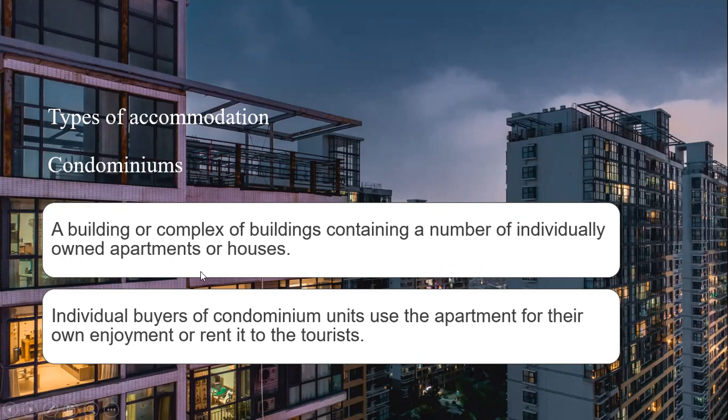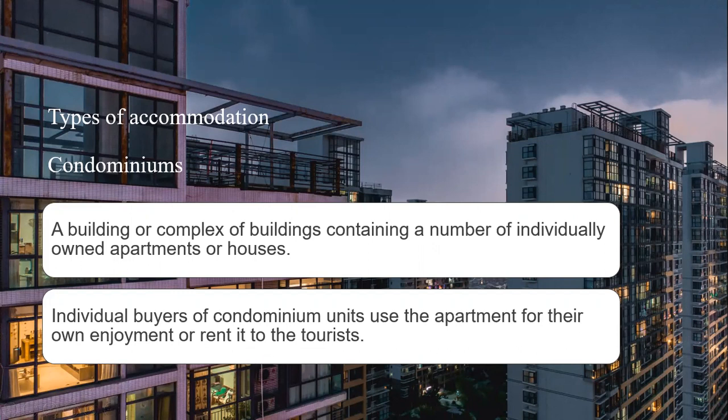So there will be individual buyers of apartments, or there might be many apartments together. Individual buyers of condominium units use the apartment for their own enjoyment or rent it to tourists. So what did you understand from it?